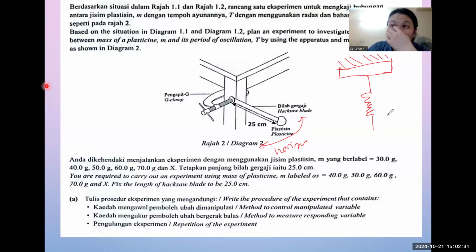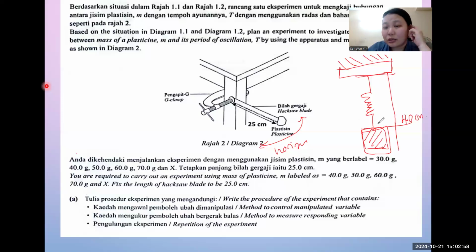But because they must make two sets of experiment, they also can use spring. Means same thing. For example, when you hang this, it already extends to, let's say, 40 cm. So how are you going to swing it? You just move up maybe 30 cm, then you release it.